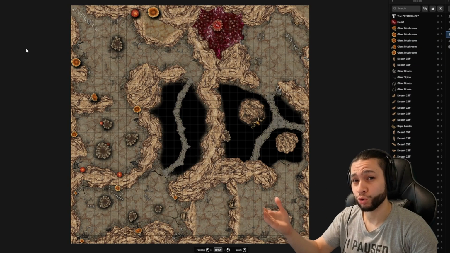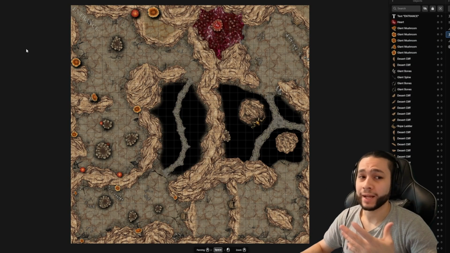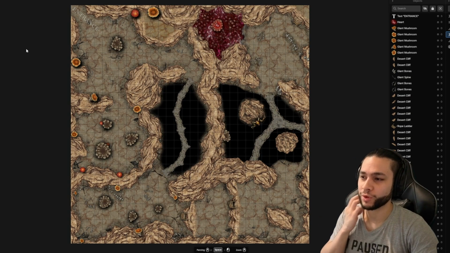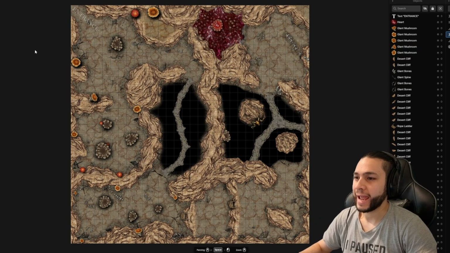So behold, the Spiral of the Horned King. What I've designed here is not a full maze, but more of a chase-like feeling.